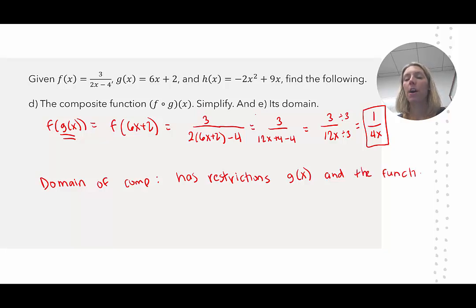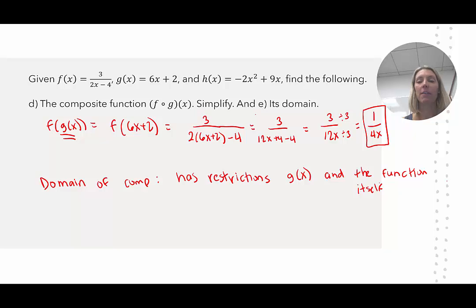So even though f has some restrictions, that doesn't matter because it's going to be carried over from g if there were restrictions on g, or we're going to find them when we look for the restrictions on our simplified composite function. Okay, so since g of x has no restrictions, we're done with that.